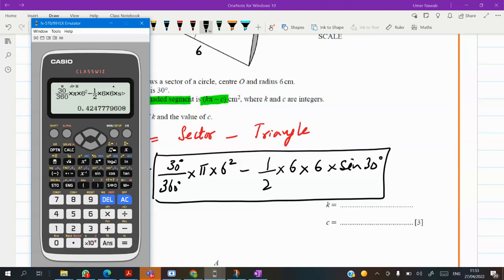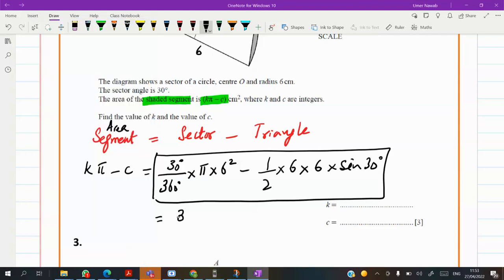The calculator is giving me the answers not in terms of pi, so I need to solve them separately. The first term is 30 over 360 times pi times 6 squared. This gives me 3 pi.